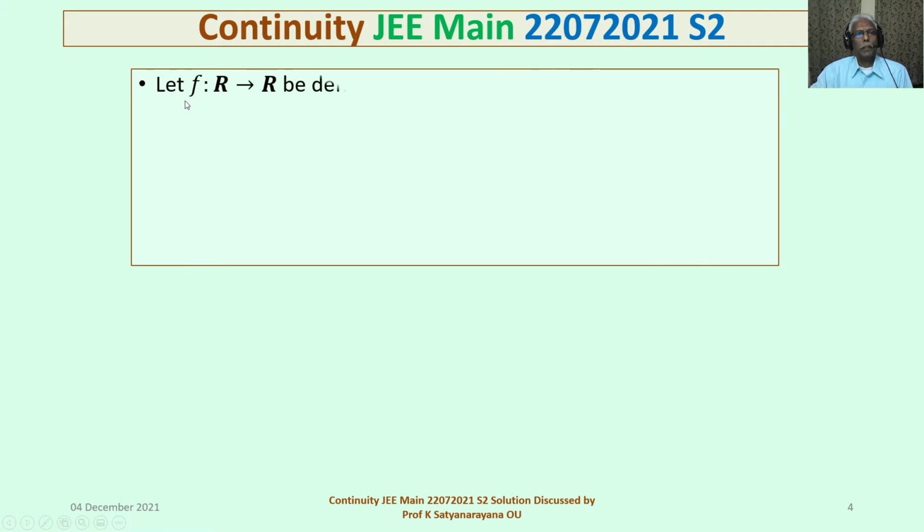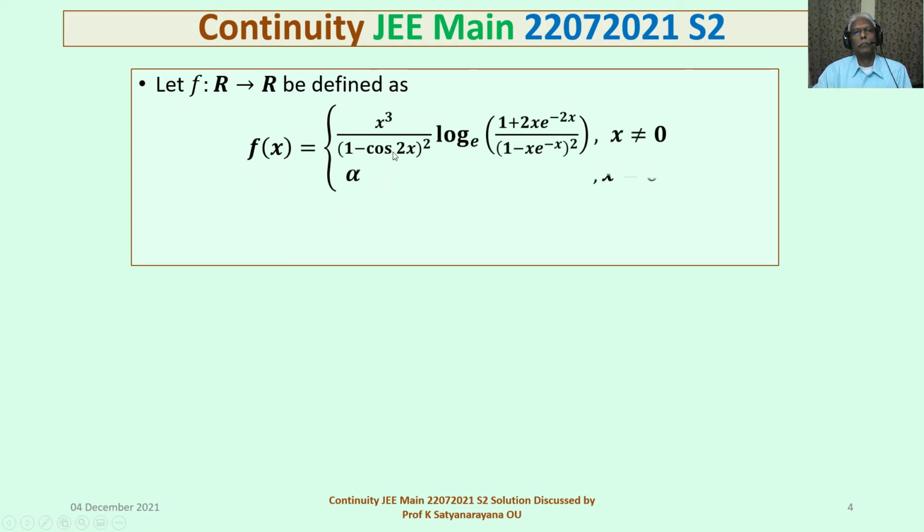The problem is, let f be a function from the set of real numbers to the set of real numbers, defined as f of x equal to, when x not equal to 0, x cube by (1 minus cos 2x) whole square into log to the base e of the quotient whose numerator is 1 plus 2x e to the power of minus 2x, by the denominator 1 minus x e power minus x, whole square, when x not equal to 0, and equal to alpha when x is equal to 0.